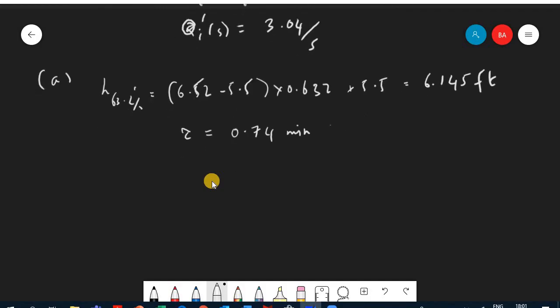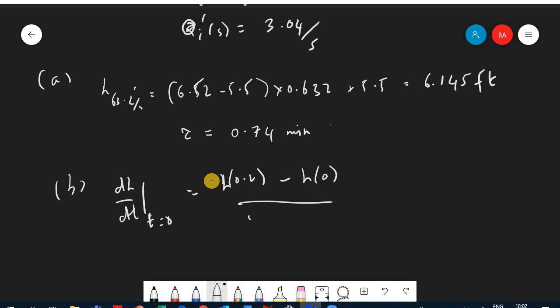So I'm going to select at time equal to 0 my first two values, which is h at 0.2 minus h at 0 divided by 0.2 minus 0, and this is equal to 5.75 minus 5.5 divided by 0.2, and this is equal to 1.25.